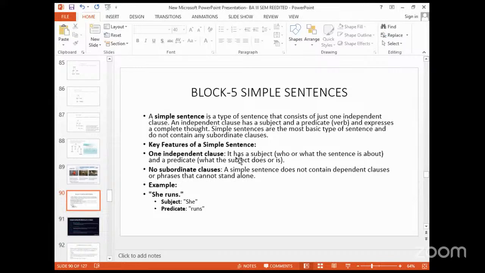A simple sentence doesn't contain a dependent clause or phrases that cannot stand alone. So a simple sentence is basically a sentence that can stand on its own. It's an independent clause, right? For example, she runs. That's an independent sentence, and it's a simple sentence, right? You have a subject, you have a verb also there. The subject is she and the predicate is runs.